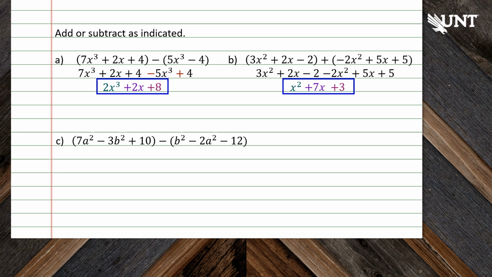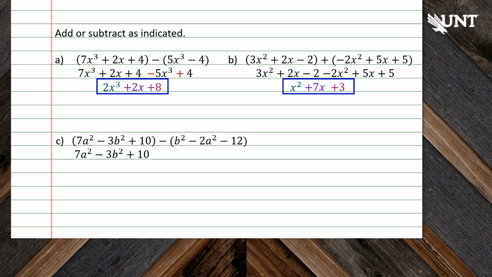In other words, we need to see if anything needs to be distributed. The first trinomial of 7a squared minus 3b squared plus 10 has nothing immediately in front, which means the parentheses are not necessary. The second trinomial of b squared minus 2a squared minus 12 has a minus sign directly in front of the parenthesis, which means we do need to distribute or change the signs of the terms within that grouping.